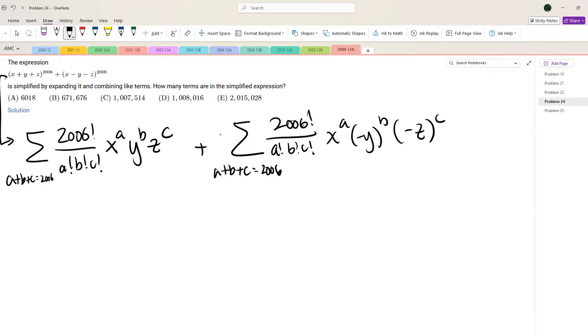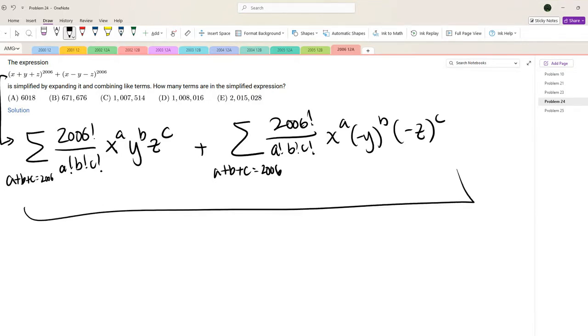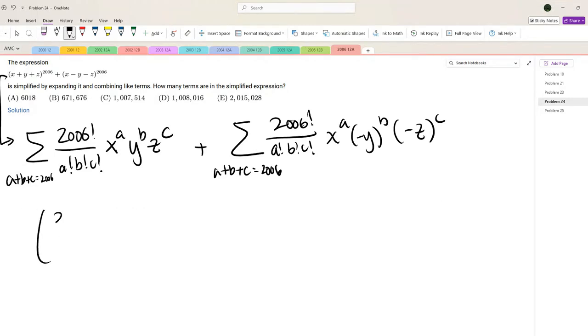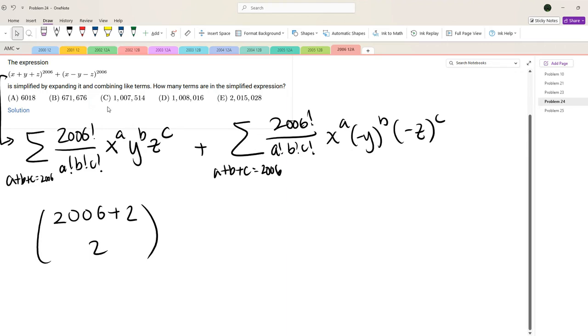So the total number of terms in this expansion is 2006 plus 2, choose 2, because that's the number of ways to have a plus b plus c, where a, b, and c are non-negative integers that add up to 2006, and it's the stars and bars method.